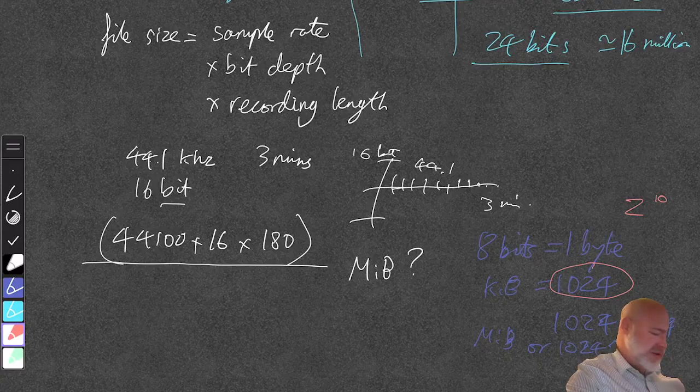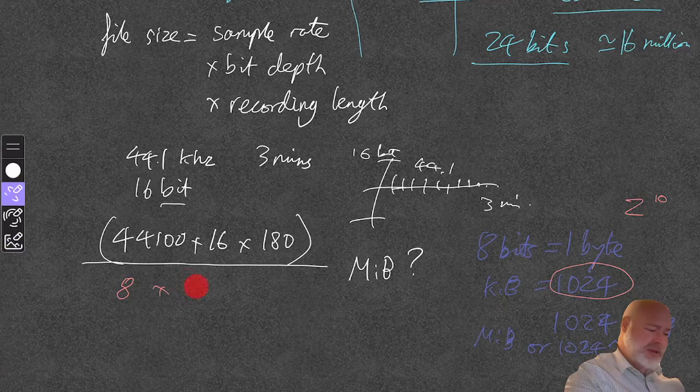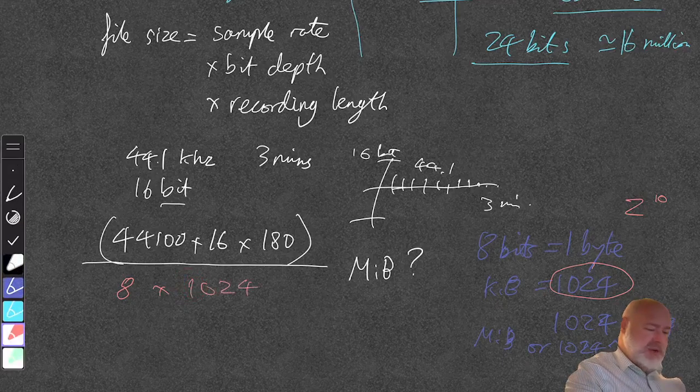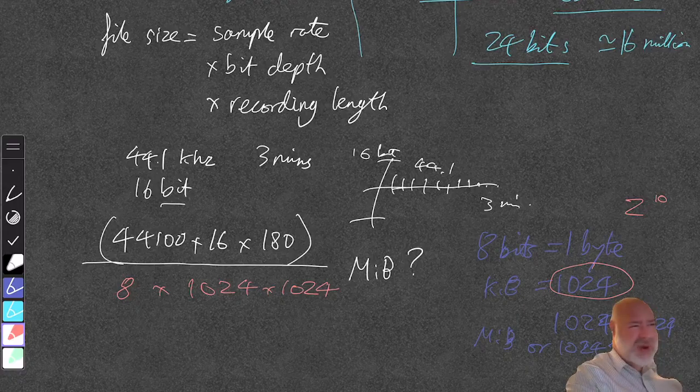We've got to make bytes out of it, so we've got to divide by 8 because we've got bits so far, and then we've also got to factor in the megabytes. The easiest way to do it would be 1024 times 1024. You don't need to calculate it, but you will need to write the expression, and you'll need to know that that's a kebibyte.